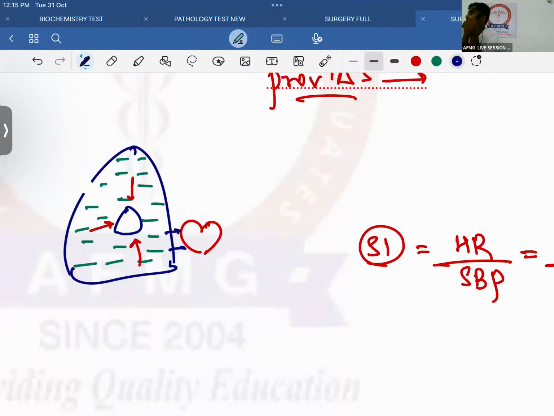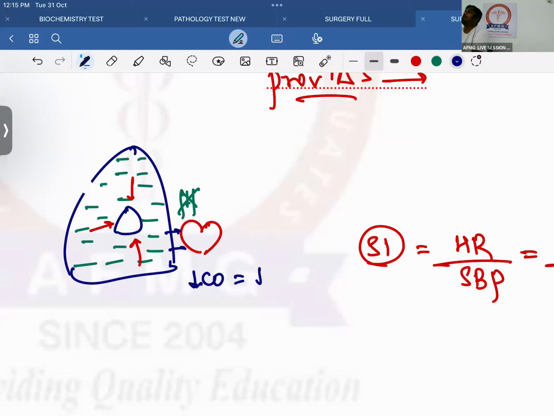No. If incoming blood is less, outgoing blood is also less. Incoming blood is known as venous return. Outgoing blood is known as cardiac output. And we have studied that cardiac output is directly proportional to the blood pressure. So if the patient's cardiac output is low, definitely his BP will also be low, and that can explain why the patient's BP is low over here.